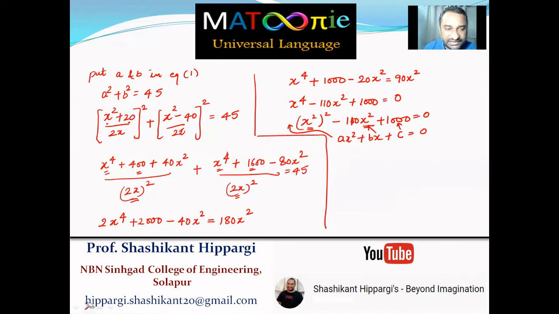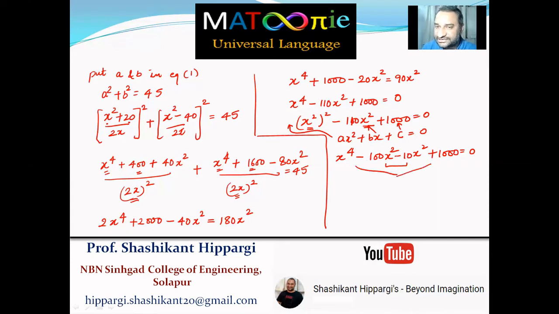So can I write it like this here? x raised to 4 minus 100 x square minus 10 x square plus 1000 must be equal to 0. You know how to factorize. The multiplication of these two should result in the multiplication of the first and last terms.